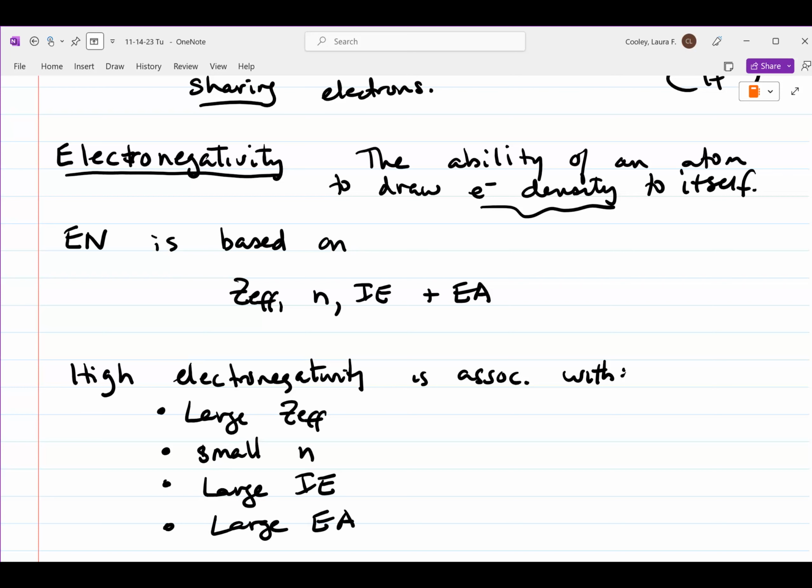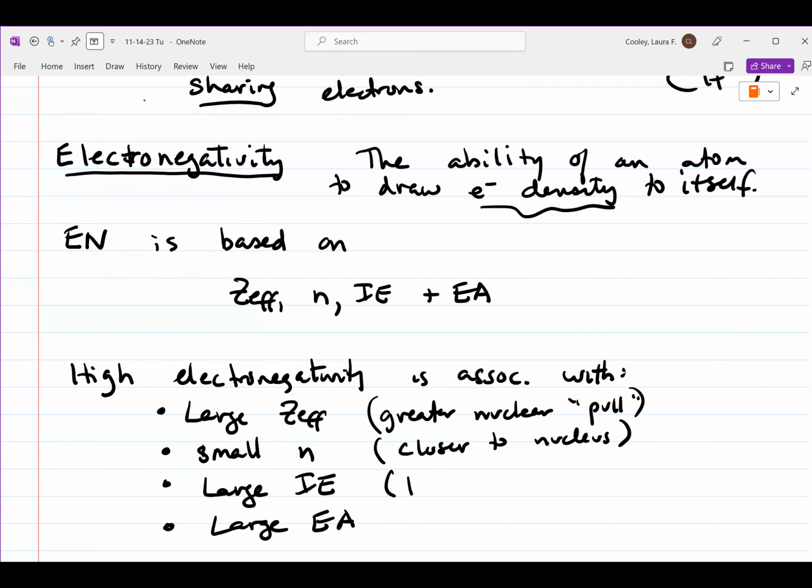If you have a larger value of the effective nuclear charge, that means there's a greater nuclear attraction, I call it nuclear pull, on the electron. Small n means you're closer to the nucleus, so there's a greater pull. Large ionization energy means it's hard to remove an electron, so that atom wants to keep its electrons.